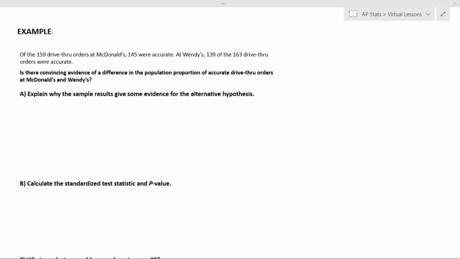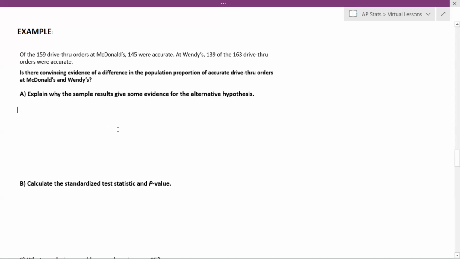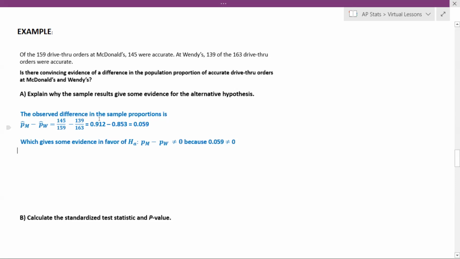Okay, so we're back to that McDonald's example with Wendy's and drive-throughs. We want to explain why the sample result gives some evidence for the alternative hypothesis. For that, we just have to look at the observed difference in the sample proportion, which is p hat for McDonald's minus p hat for Wendy's.